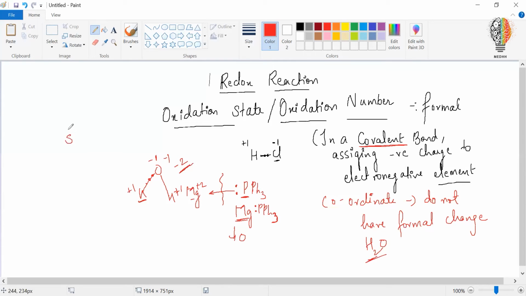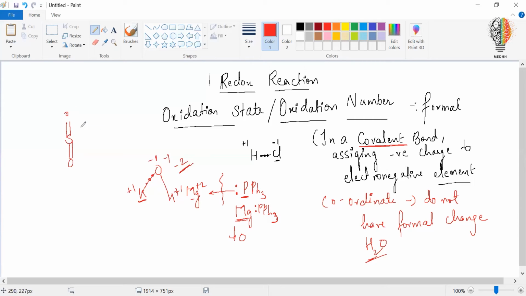Why I'm teaching you this oxidation state calculation is because when I'm balancing the equation, the very first and foremost thing you should know is to calculate the oxidation state.